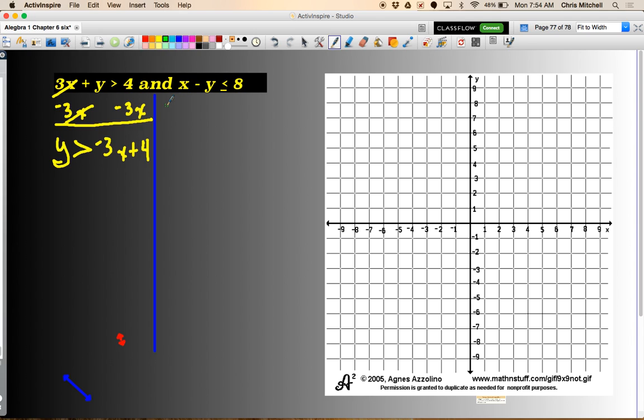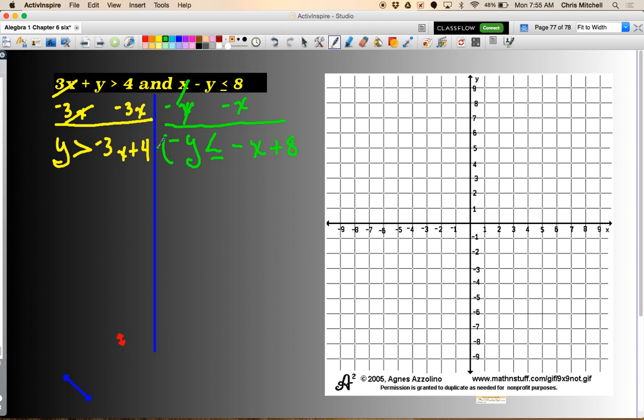Let's come on this side. We're going to subtract an x. Those cancel out. We're going to have a negative y less than or equal to negative x plus 8.